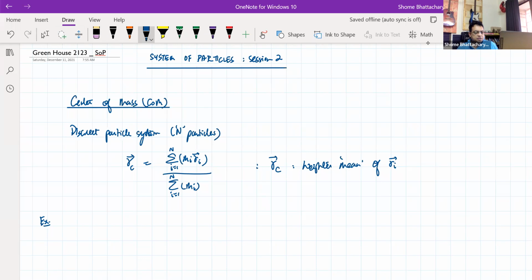So let's begin with another example. Four particles.